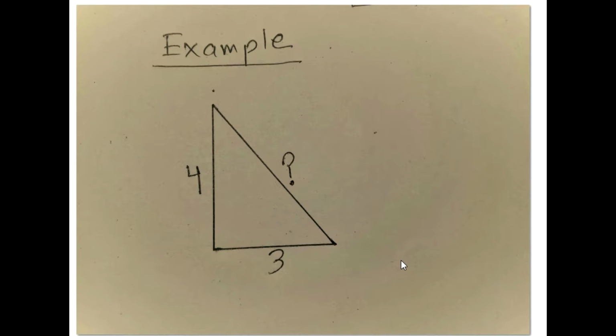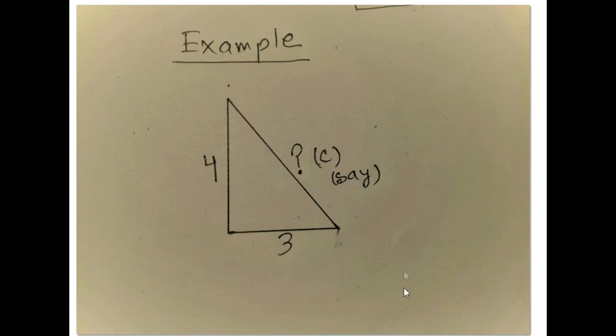Now this is an example of a right triangle whose two sides are 4 and 3, and this is 90 degrees, so the side opposite the 90 degree angle is the hypotenuse.